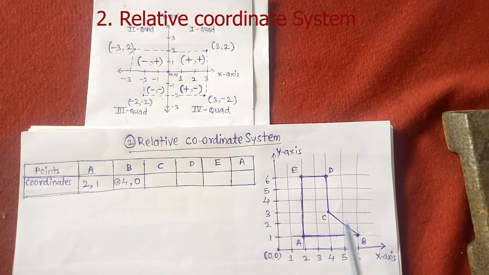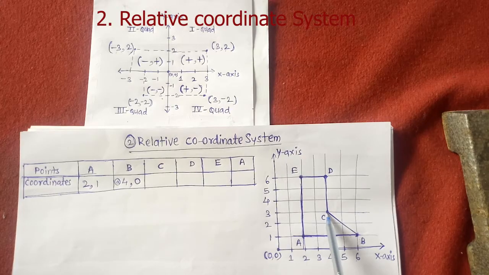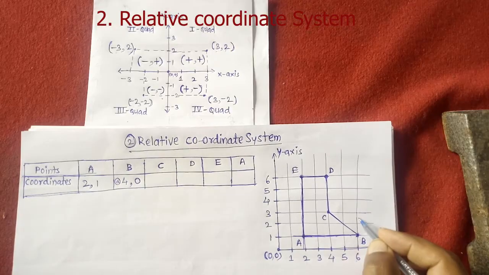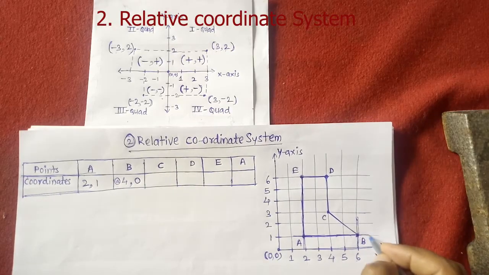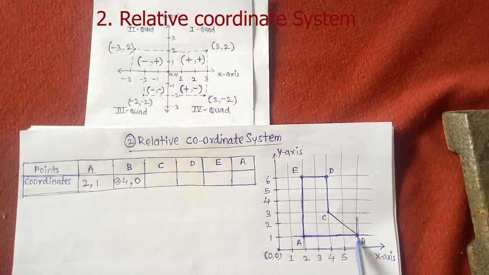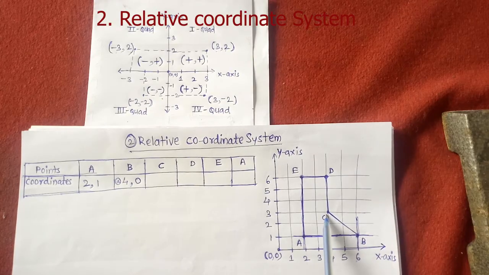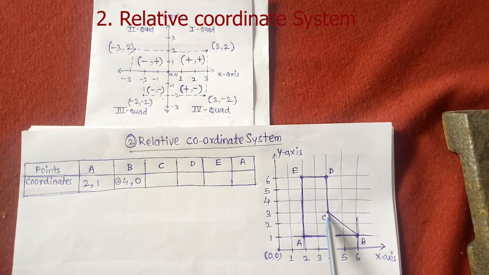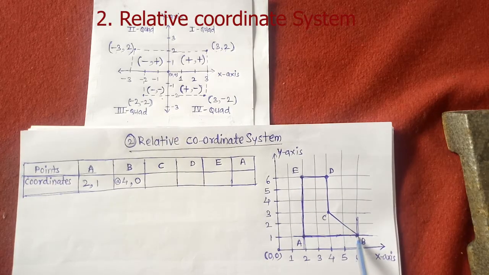Now we are going to calculate the coordinate for point C. To calculate the coordinate for point C, this B point will become the reference origin, and considering B as a reference origin, we have to calculate the coordinates of point C. As we are considering B as an origin, this point C lies in the second quadrant with respect to this B origin.